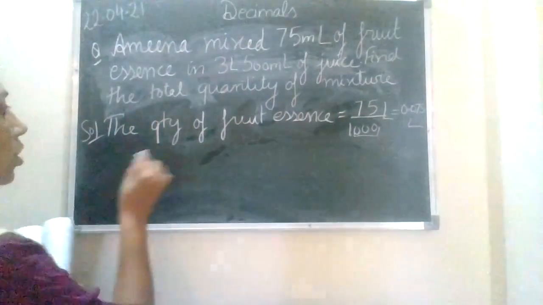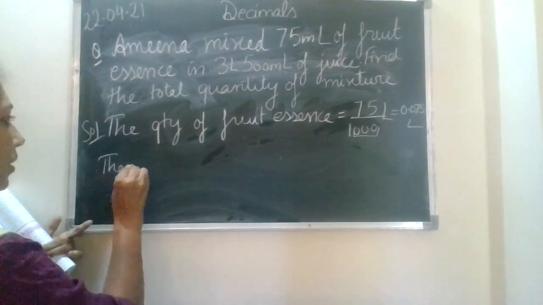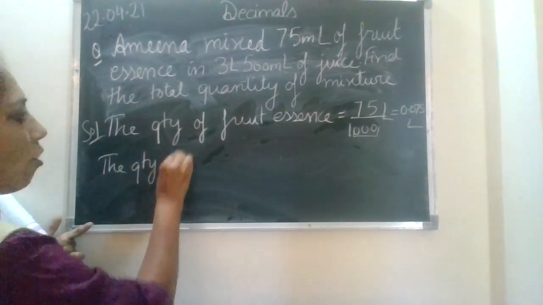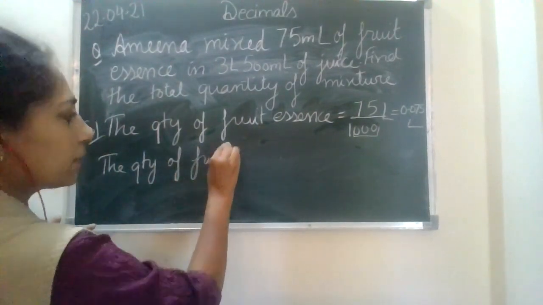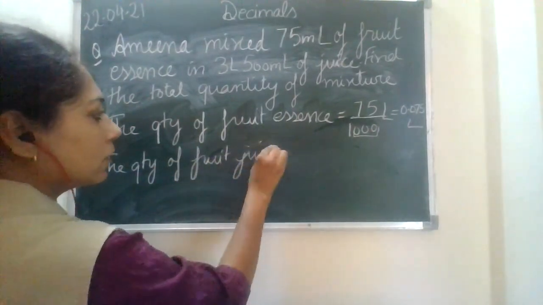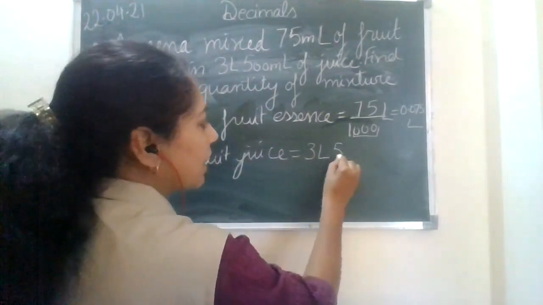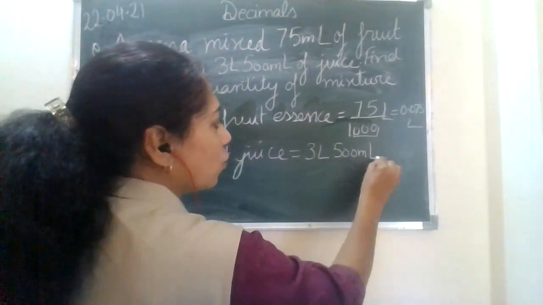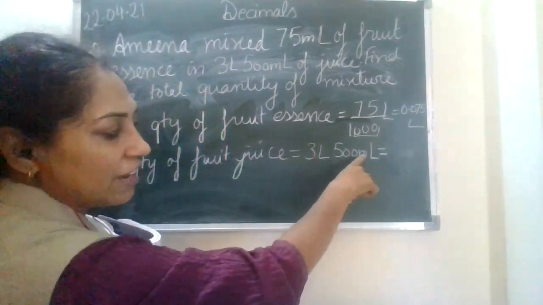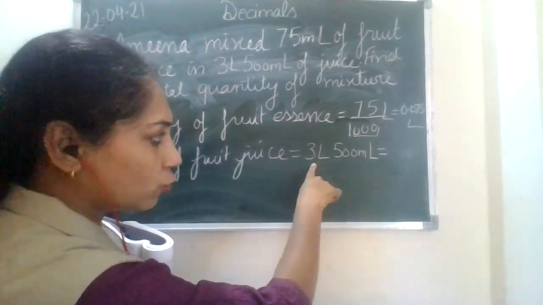Now, the quantity of fruit juice is equal to 3 liter 500 ml. We will convert the 500 ml and add it to 3 liter.